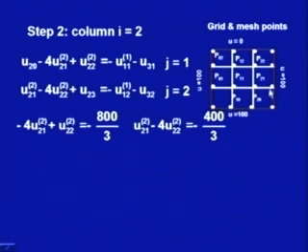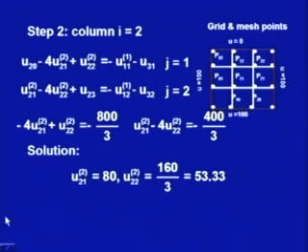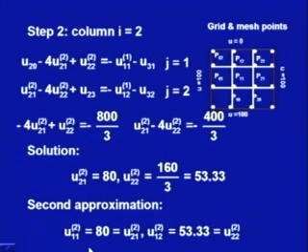Again, we have 2 equations in 2 unknowns, and the solution gives u21 as 80 and u22 as 53.33. So what we have got as the second approximation is u11 and u21 both as 80 and u12 and u22 both as 53.33.